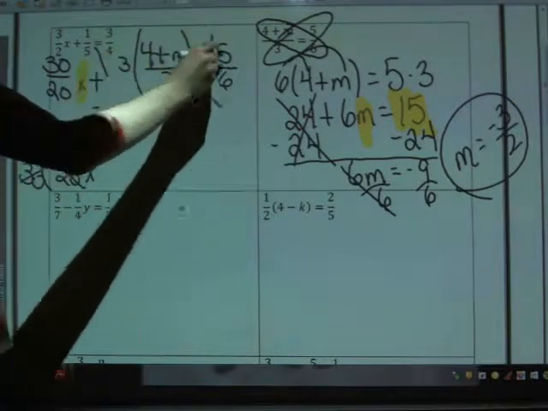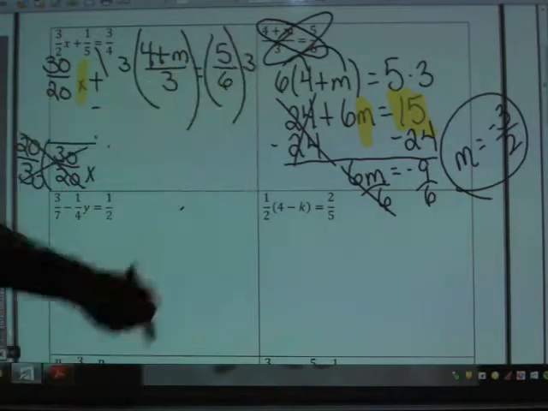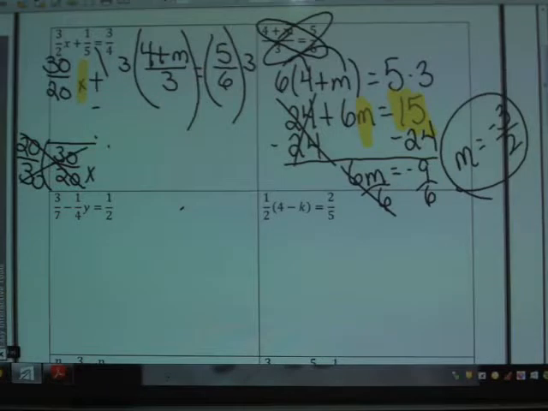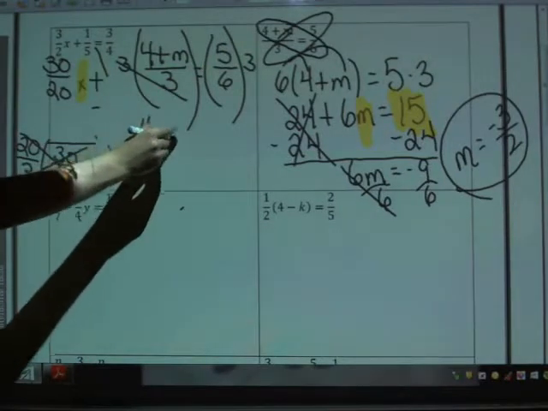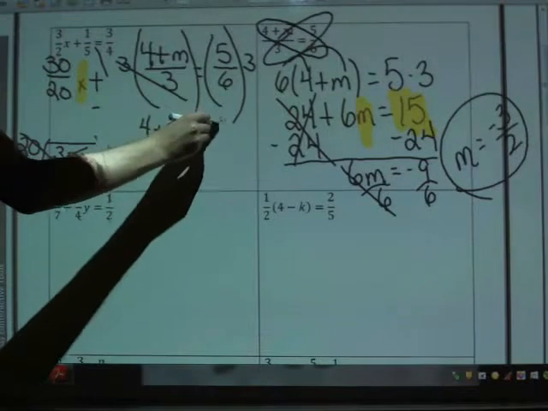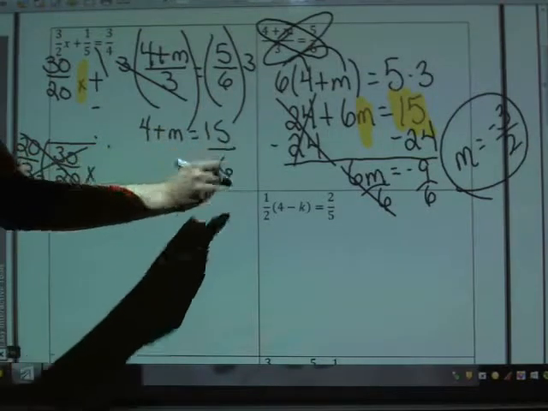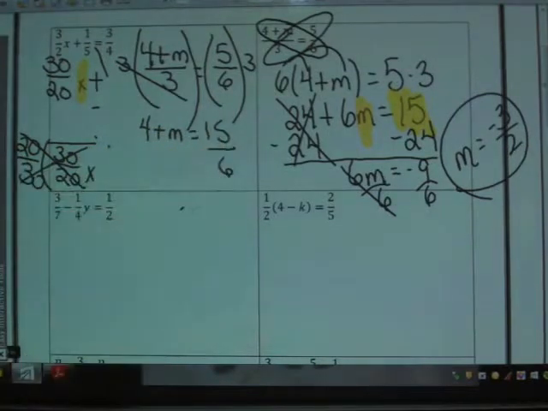So I'm multiplying both sides by 3, and if you need to think of it as 3 over 1, you can. But what happens here is this simplifies to 4 plus m equals 15/6, and then you would subtract the 4 off both sides, and you would end up with an answer equivalent to negative 3/2 there. Either way you go, you end up with the same answer. It just depends really, in this particular question, if you really wanted to work with the fractions throughout or not.